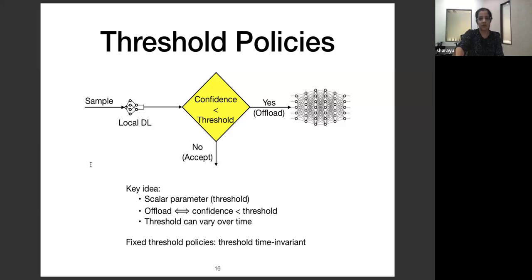I'm going to now define a subclass of threshold policies called fixed threshold policies. We say that a policy is a fixed threshold policy if the value of the threshold remains the same over time.